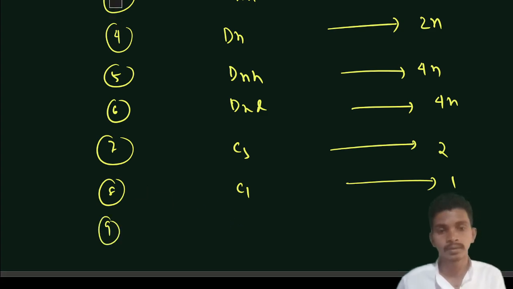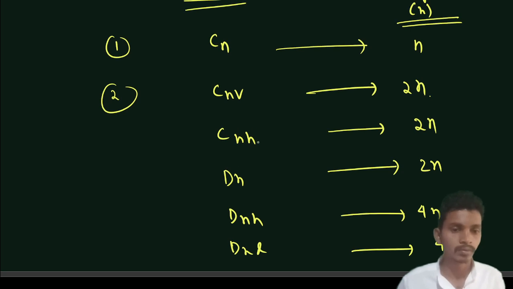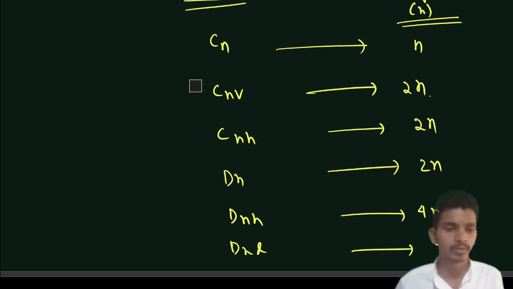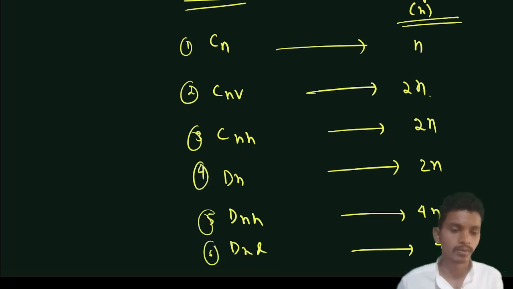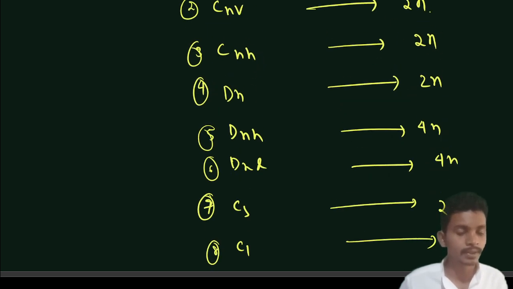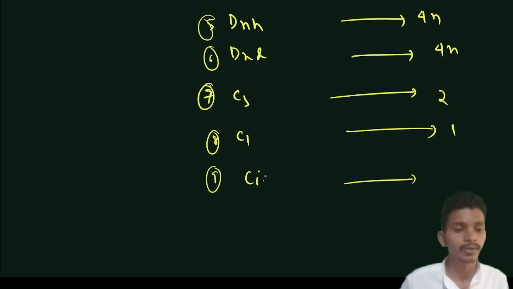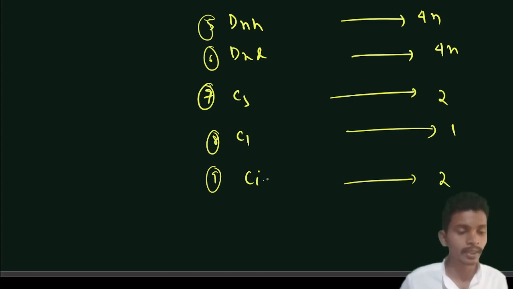And if we have Ci, in this case only I is present, and for I also how many are needed? 2, because I is there: one is identity, another is for I.